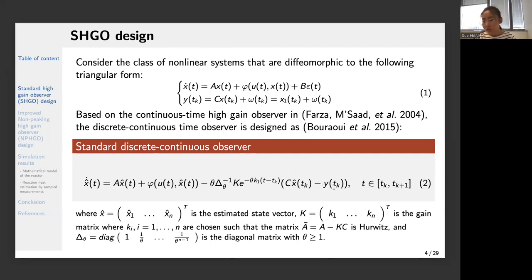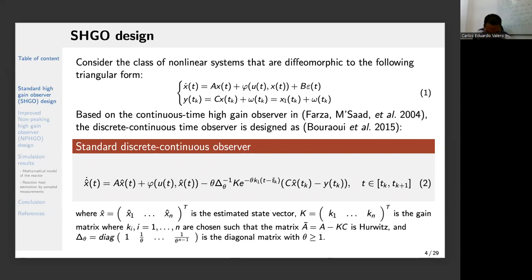That is no doubt. But for this item, t equals 0.3 and tk equals 0. So that means for the output, we will always use the sampled output, but actually the time is continuous. We have maybe a little bit of delay for the time instant. Yeah, I got it. Okay, thanks a lot.